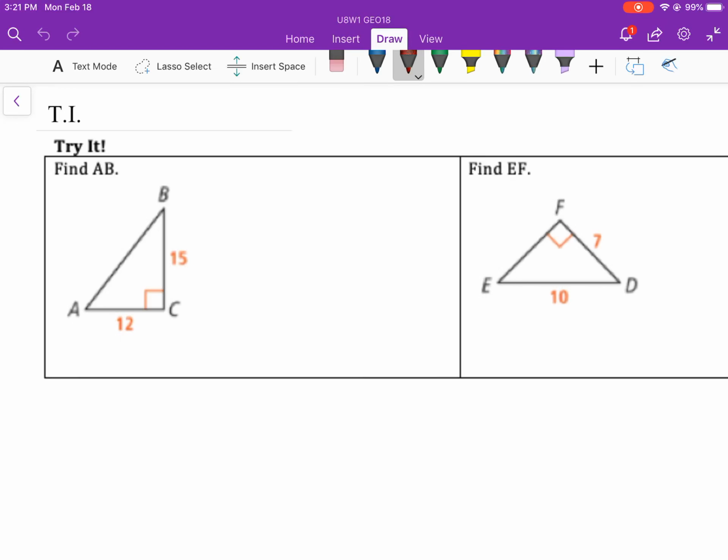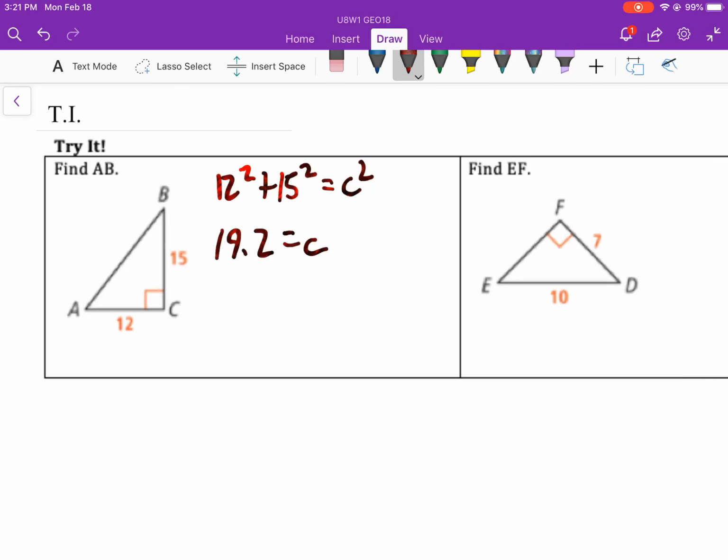Just using the Pythagorean theorem, find AB. 12 squared plus 15 squared is equal to C squared. 12 squared plus 15 squared is 369. Square root of 369 is 19.2.